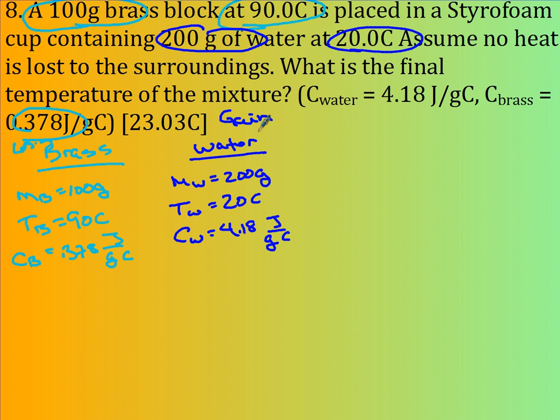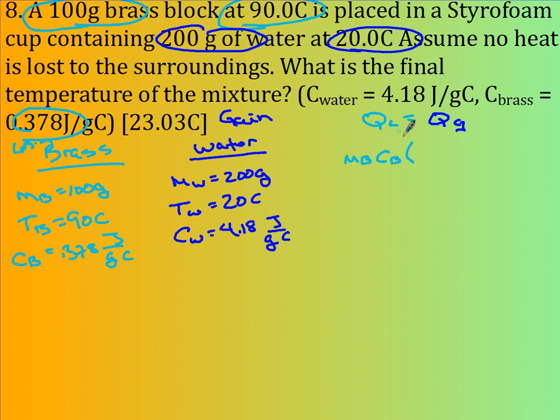This is kind of important. So let me just do it this way. Heat lost has to equal the heat gained. Now, what is the heat lost? It's the mass of the brass times C of the brass times delta T.